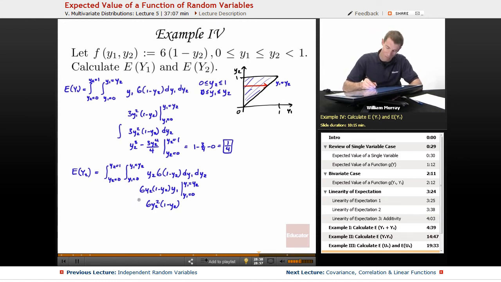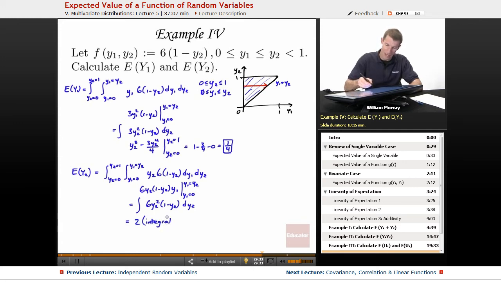And so I have the integral from y2 equals 0 to 1 of 6y2 squared times 1 minus y2 dy2. What I notice here is that that's the same as the integral I had above, 3y2 squared times 1 minus y2, except that I have a 6 instead of a 3. So that's 2 times the same integral as above.